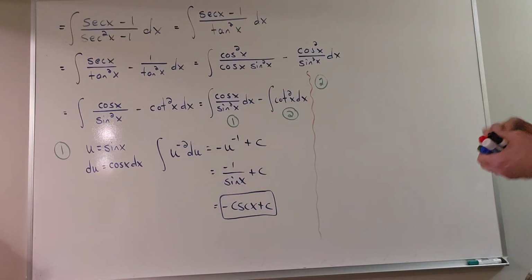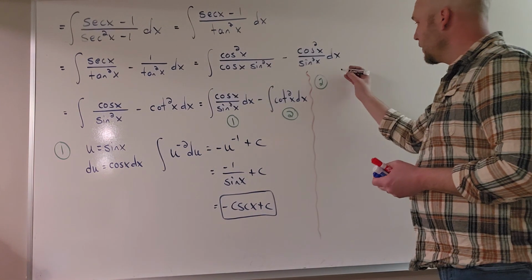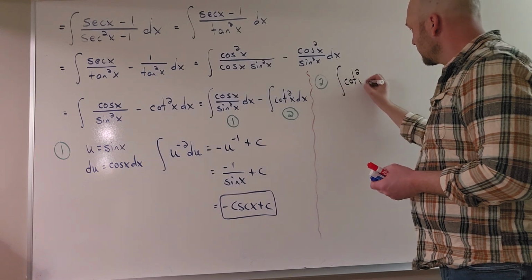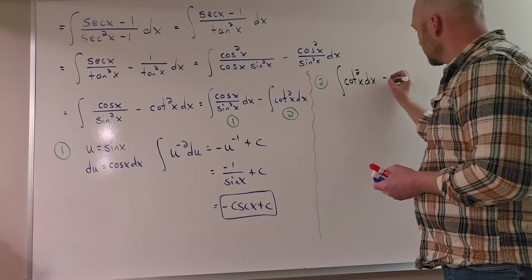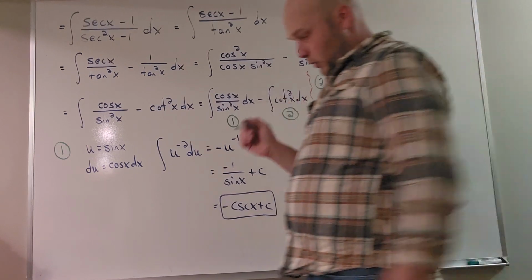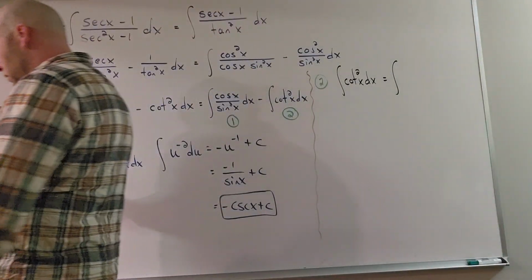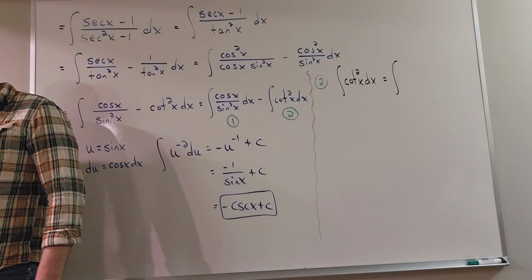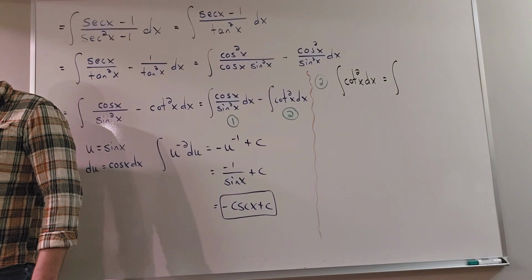In other words, let's look at the integral of cotangent squared. What I'm going to do is replace it with a Pythagorean identity.